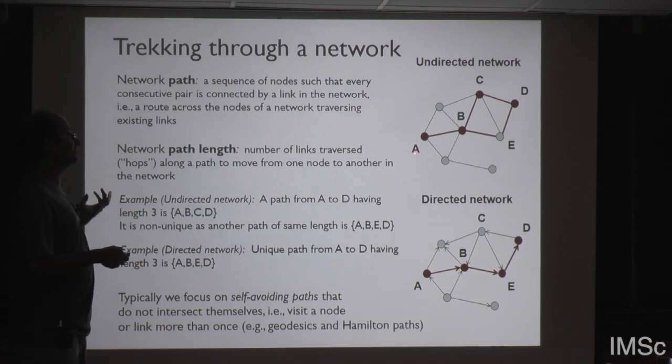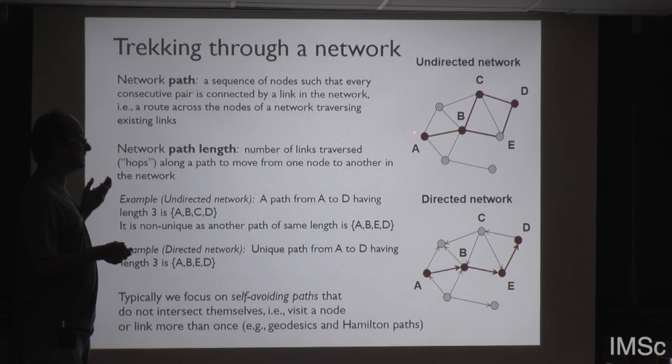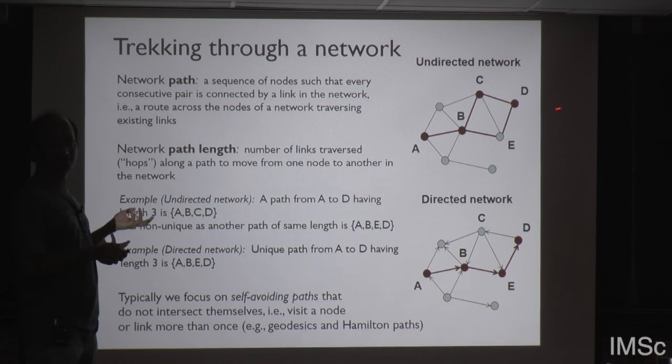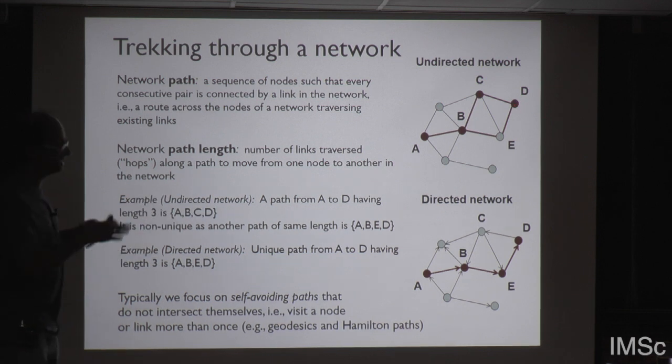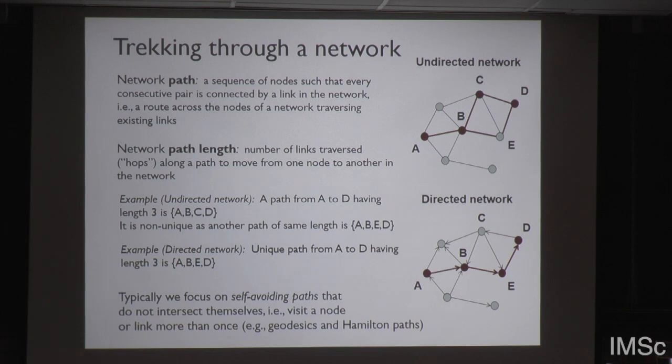Or you may want to know how quickly the excitation in one neuron can result in the excitation of another neuron located in a different part of the network. Or if you're interested in information, suppose I have an information packet that originates here, how quickly can it find its way to a node in a different part of the network? Typically these kinds of questions can be addressed by calculating the path length in the network.